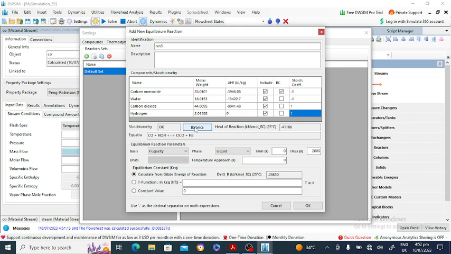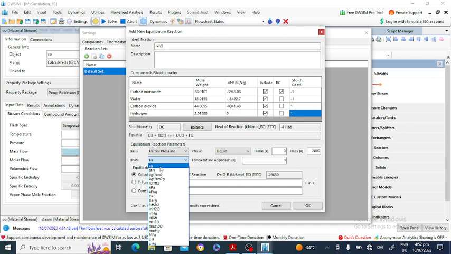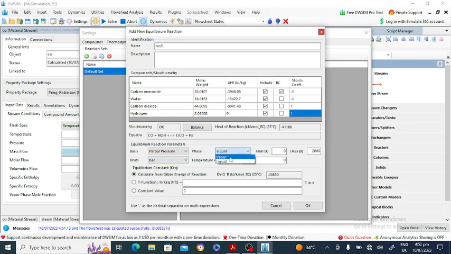Stoichiometry is okay. Click on balance. Here the basis can be either fugacity or concentration, so I am using partial pressure, and the unit I am using is bar, and the phase is vapor phase. The minimum temperature is 0, the maximum is okay.